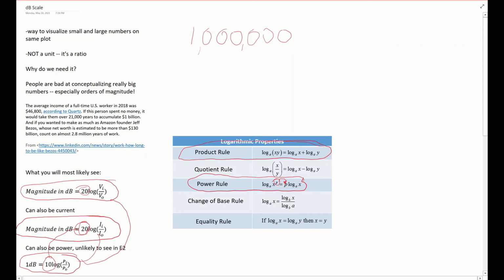Now, in order to convert that to a decibel scale, all you're going to have to know is that for each place, so I'm talking about tens, hundreds, thousands place, you're going to add 20 dB, since from these properties we were talking about, it's additive, not multiplicative. So you're going to just count. It's 20, 40, 60, 80, 100, 120. So that just gives you, pretty quickly, 120 dB.